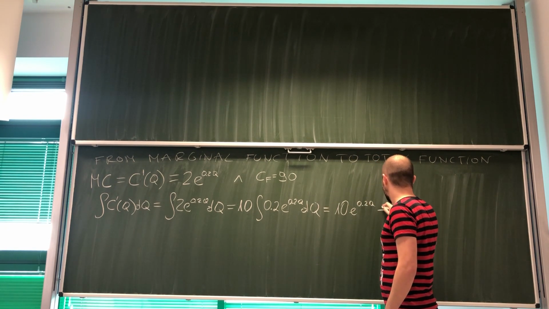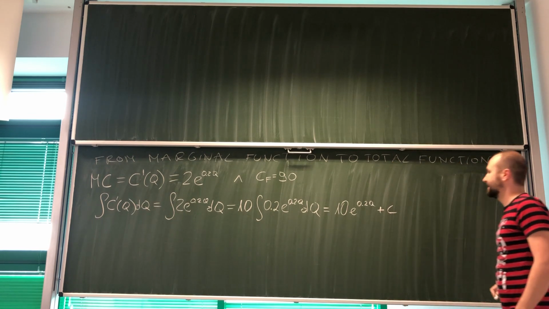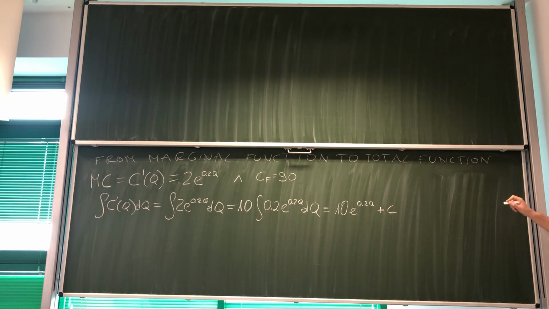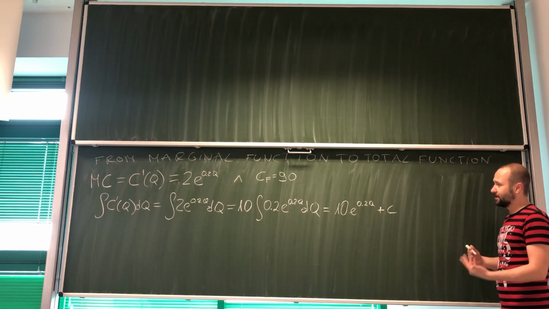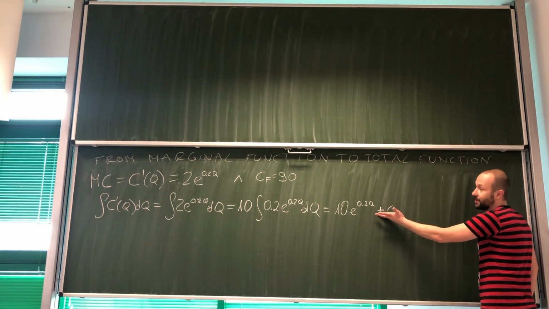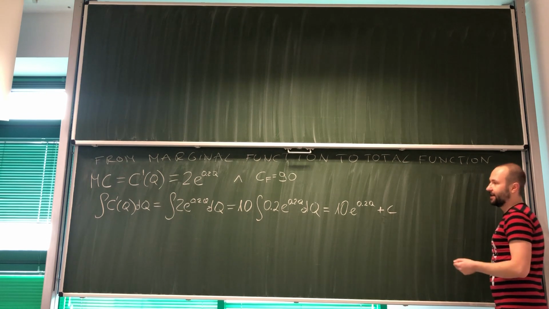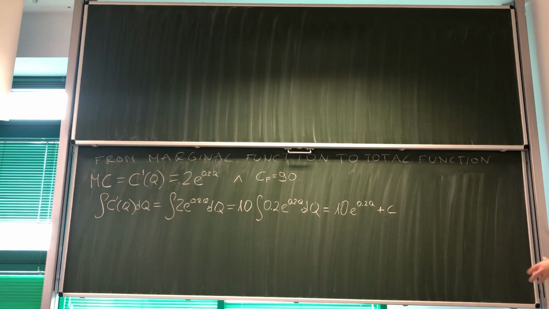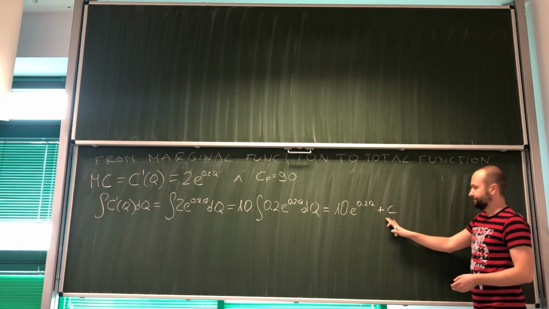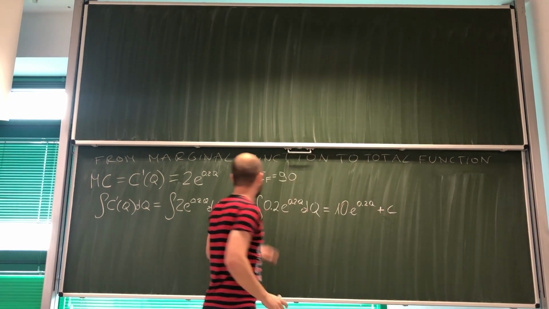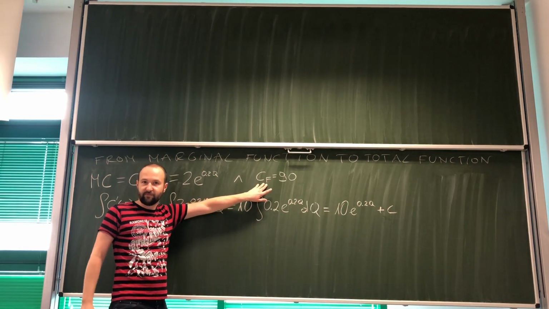Okay, so we can continue and we get that this is 10e to the power 0.2q plus c. And this is only halfway done because we have this arbitrary constant, something that we just discussed, and we can get rid of this arbitrary constant using the fixed cost.